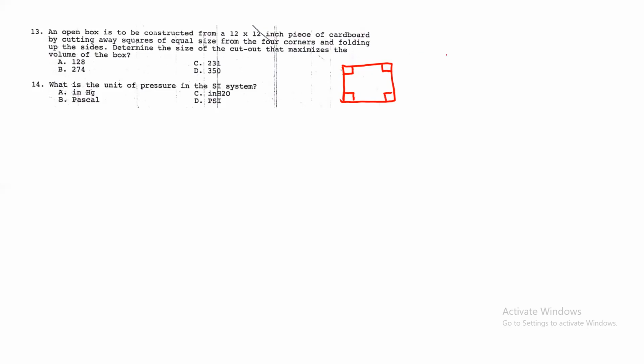Syempre, pag tinayo mo yan, pag tinanggal mo to, magiging open box, no? Pag inayos mo yung mga sides niya. With yung dimension ng box, assume natin na yung dimension ng square, x.